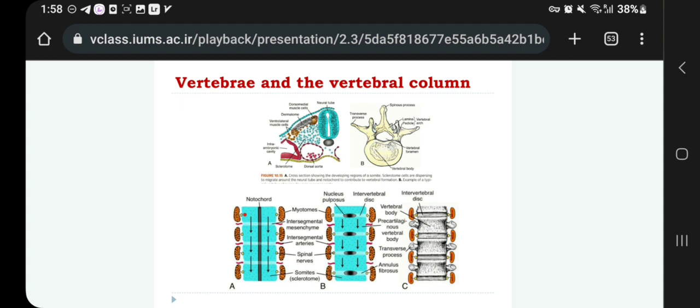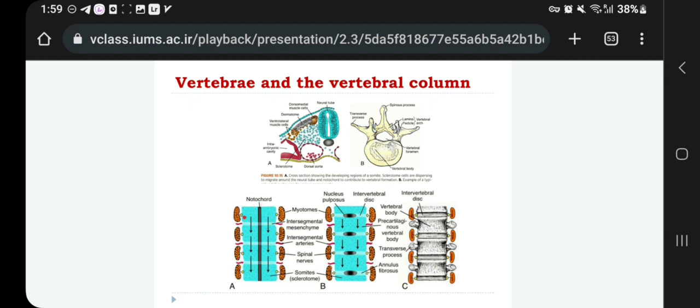And the sclerotome of every somite makes one block around the notochord and also the neural tube.